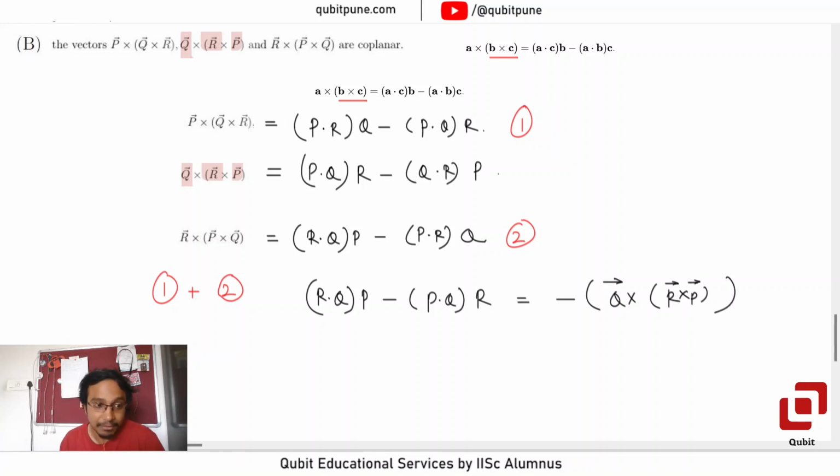Yes, let us confirm it once. ये नेगेटिव क्यू आर पी है, ये पॉजिटिव क्यू आर पी है, ये पॉजिटिव पी डॉट क्यू आर है, ये नेगेटिव पी डॉट क्यू आर.